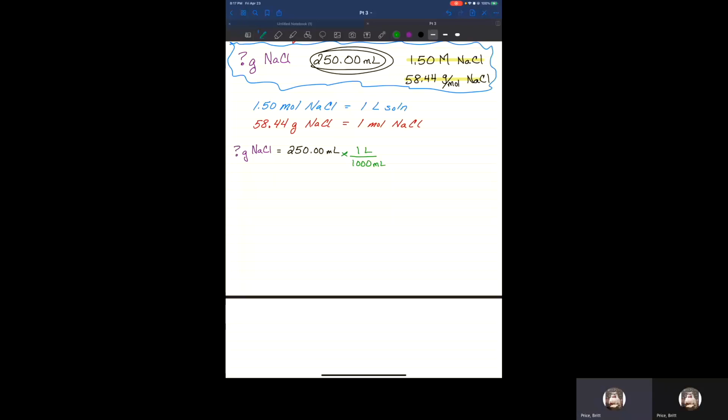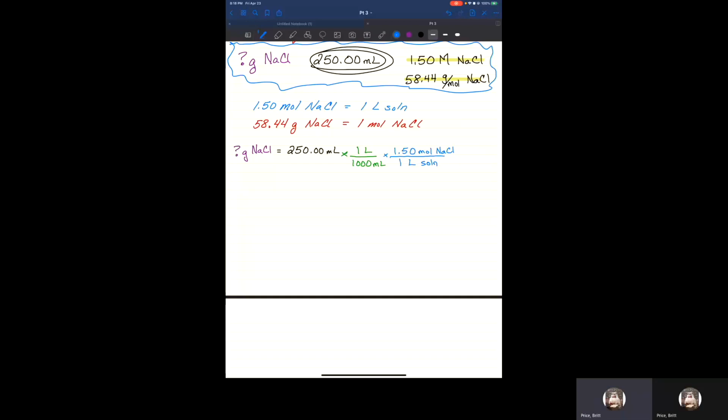So the milliliters will cancel. And I know that there's 1.50 moles of NaCl in 1 liter of my solution.